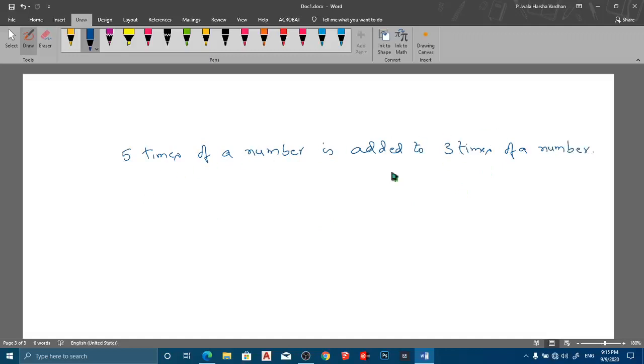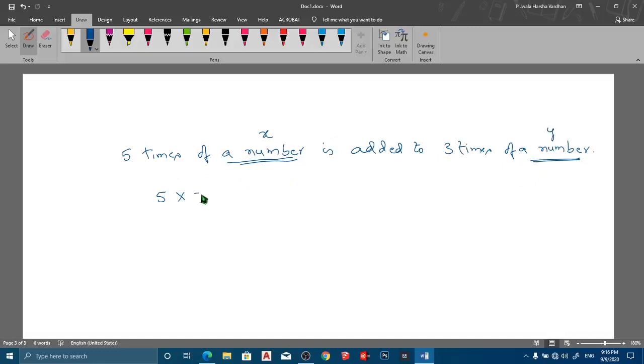So how can I write this in the form of an expression? 5 times means into, times of a number. This is an unknown number, is added to 3 times of another unknown number. Okay, here 2 unknown numbers are there. So 5 times of a number, this number I am taking as x, and this number I am taking as y because this is another number.